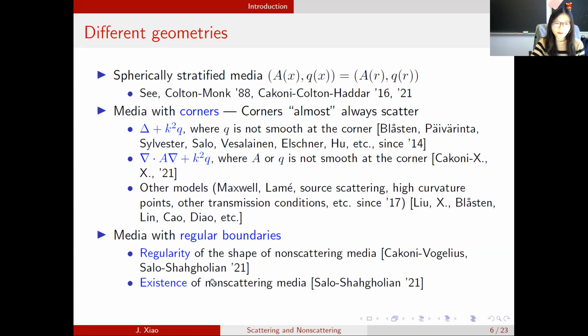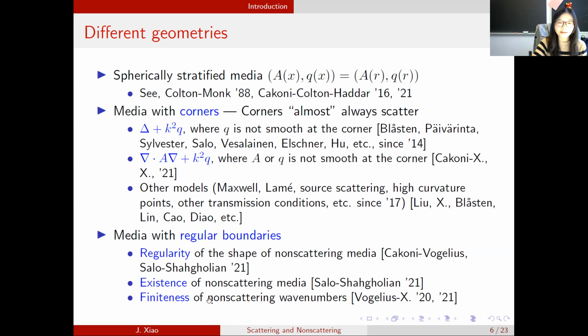And then recently, Michael and I also developed some new results on the finiteness of non-scattering wave numbers, which was motivated by, first of all, we knew that for spherically stratified media, we always have infinitely many non-scattering wave numbers. Then we wondered if this infiniteness would still hold for other domains.